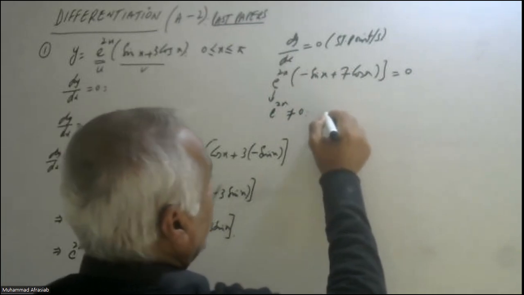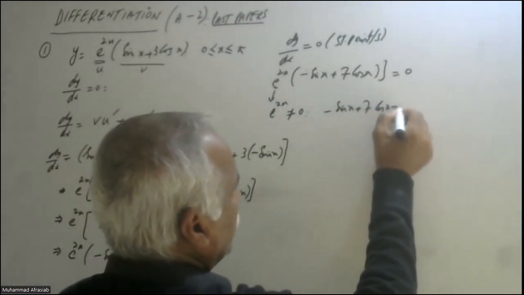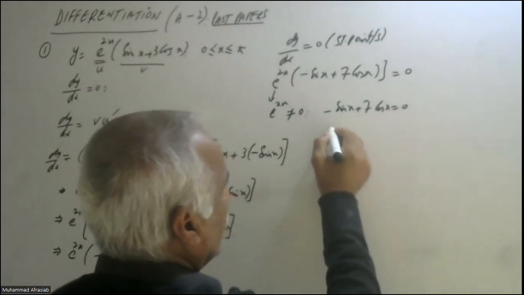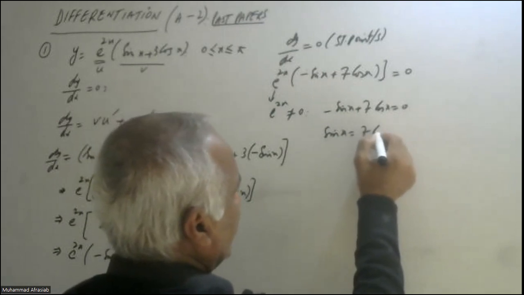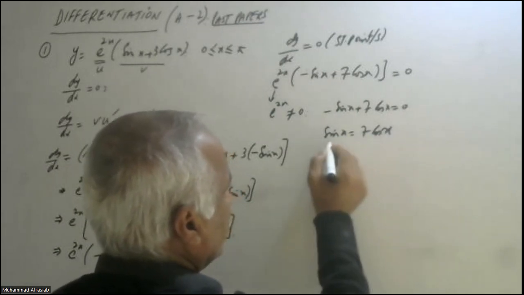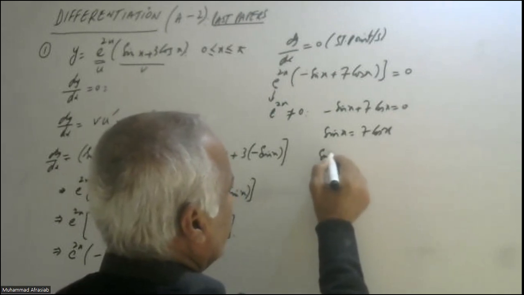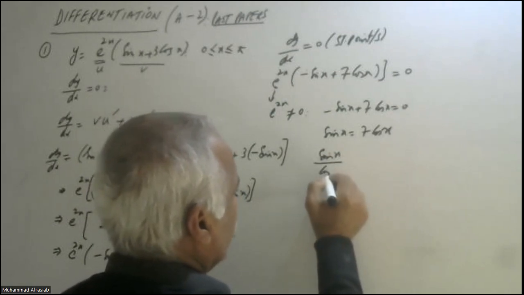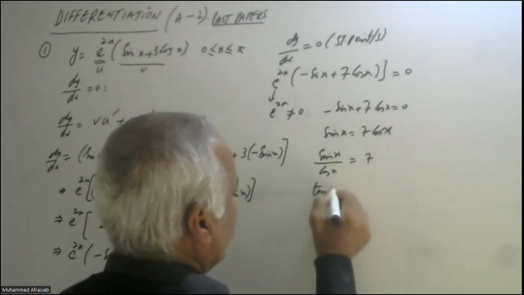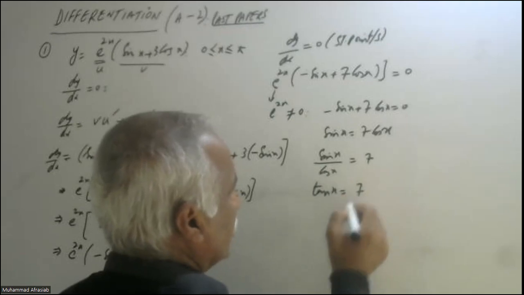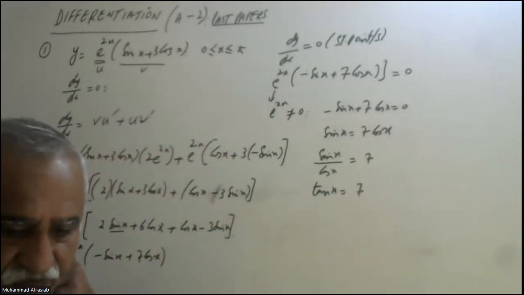Then minus sine of x plus 7 cos of x is equal to 0, or sine of x equal to 7 cos of x, dividing on both sides by cos of x. So sine x over cos x is equal to 7, or tangent of x is equal to 7.